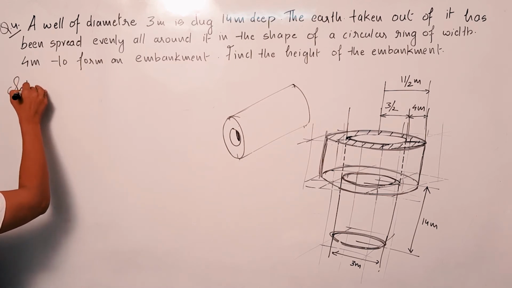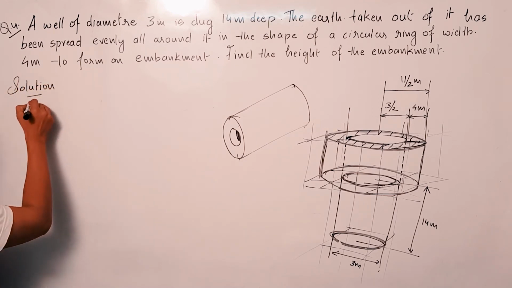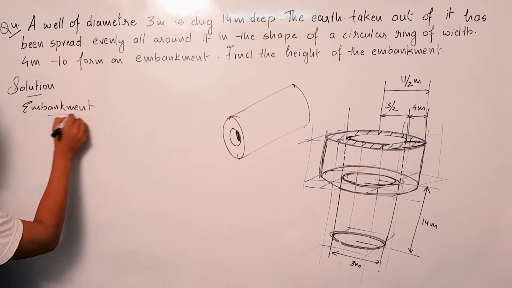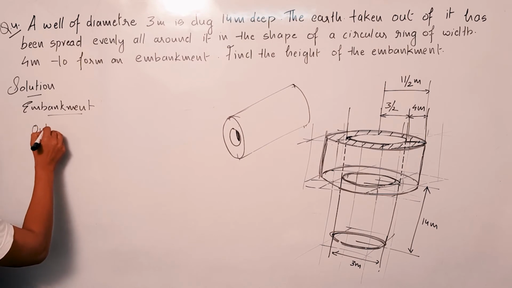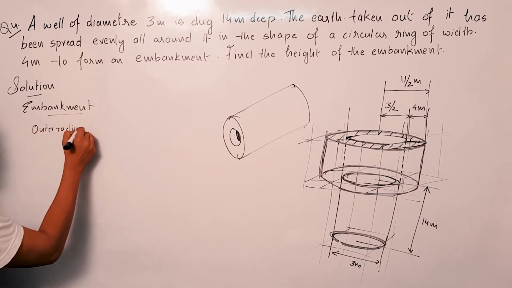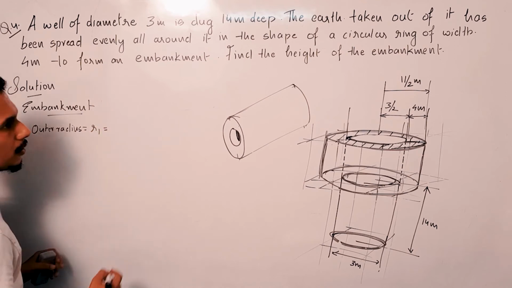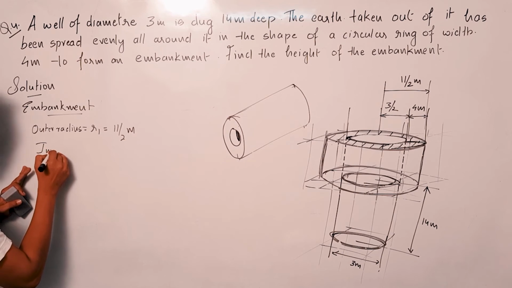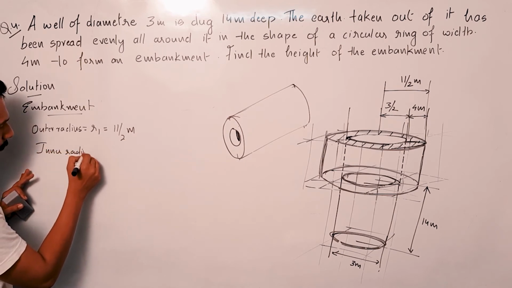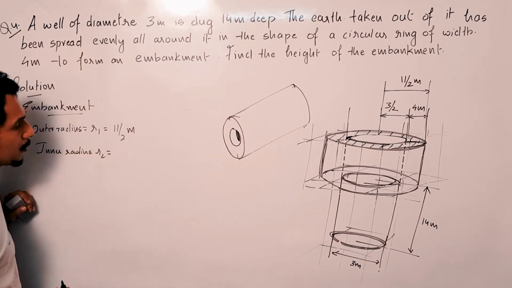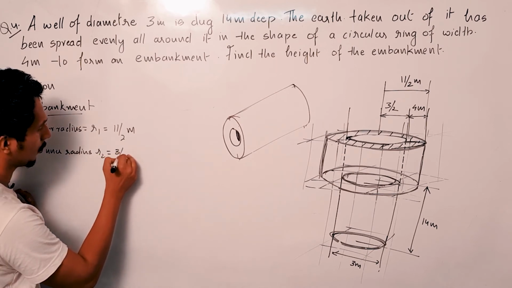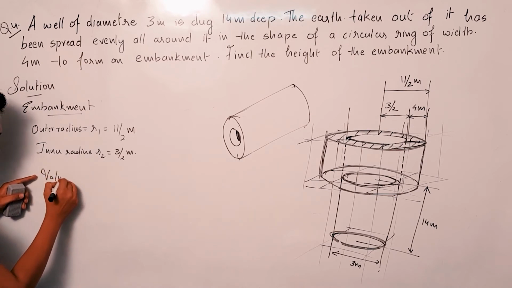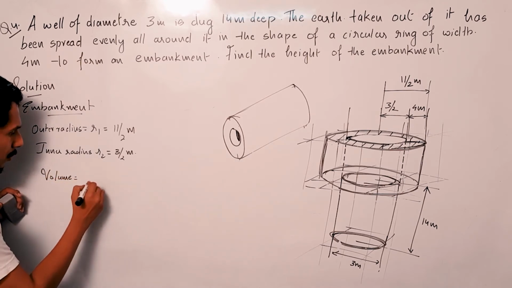So I'm going to write embankment. Okay. Outer radius R1 is how much? 11 by 2 meter. Inner radius R2 is how much? 3 by 2 meter. Okay. Volume will be how much?